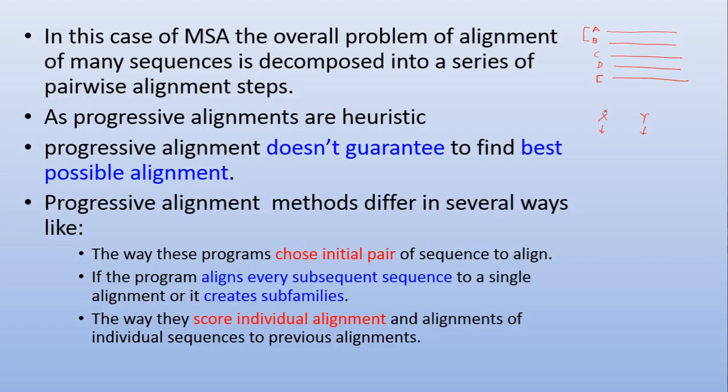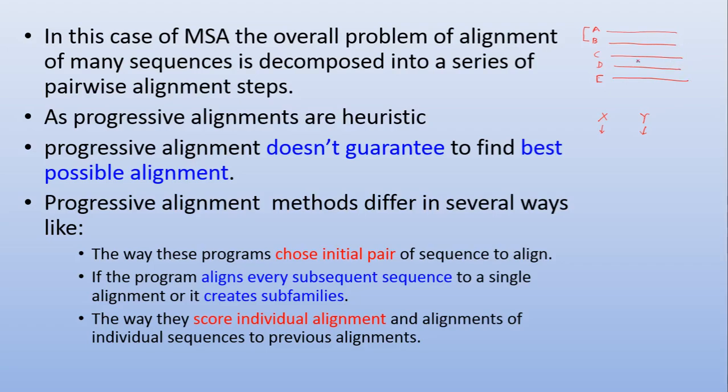It is also entirely possible that the program aligns every subsequent sequence to a single alignment. So one of the progressive strategy programs, X, might align every subsequent sequence in the set of given sequences to the previously aligned sequences.